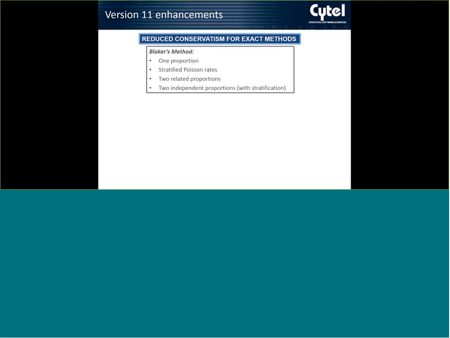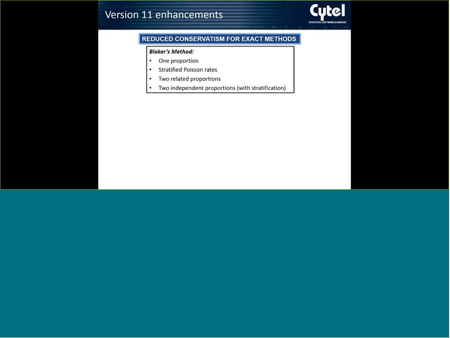So let's go back and review some of those procedures, some of those enhancements that have been included in version 11. I've already listed some of these on a previous slide, but under the category of reducing conservatism for exact methods, so exact methods that are a little more refined, one of the additions to StatXact 11 is the availability of Blaker's method.